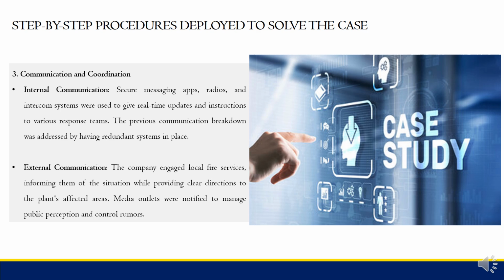External communication. The company engaged local fire services, informing them of the situation while providing clear directions to the plant's affected area. Media outlets were notified to manage public perception and control rumors.